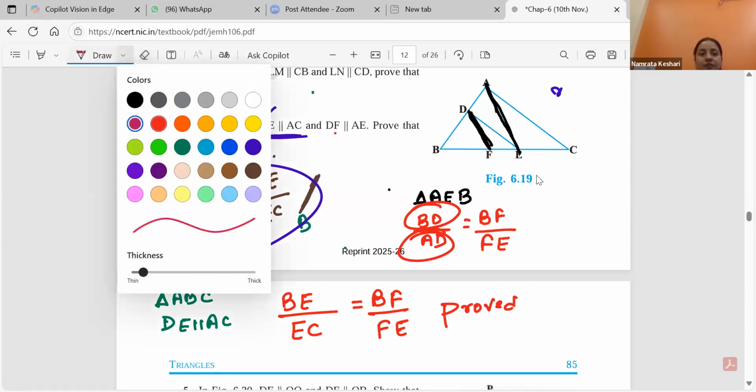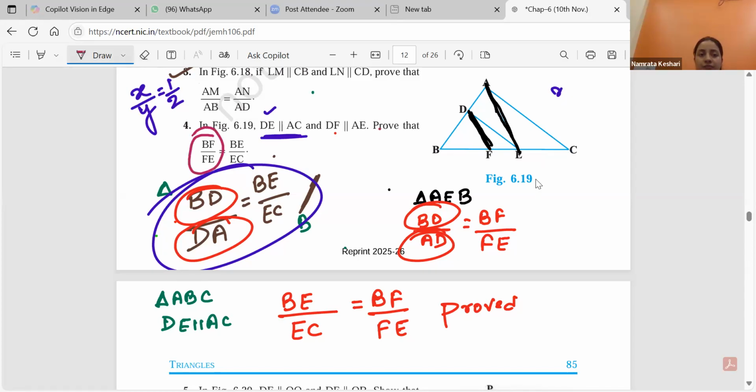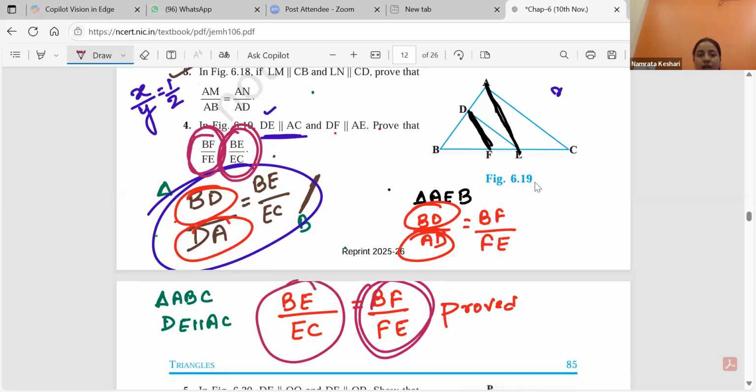See carefully. BF by FE, BF by FE, BE by EC, BE by EC. Are we done with the proof? Yes or no? Anyone having any doubt that we are still not done with the proof?